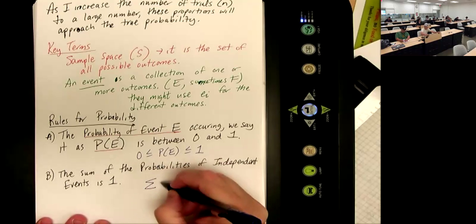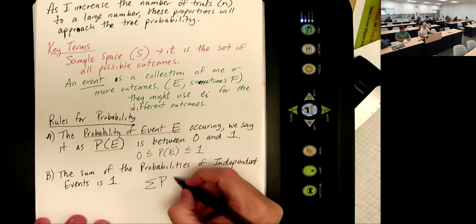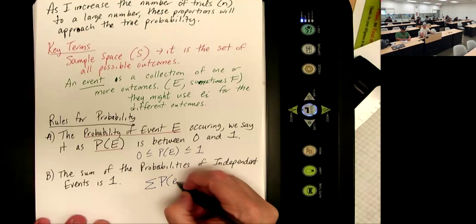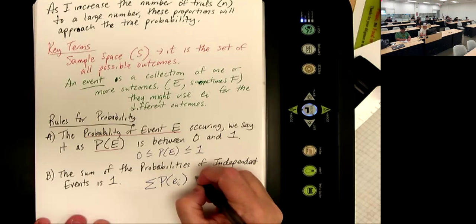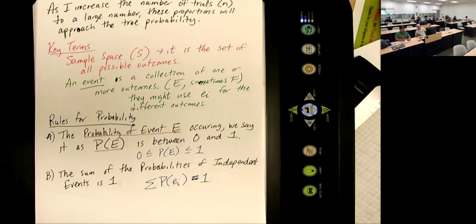Here, we're gonna do the summation symbol, and I'm gonna use E_i, not big E, because I'll show you an example. Events can be related, and so it won't work that way. That is an equal sign.